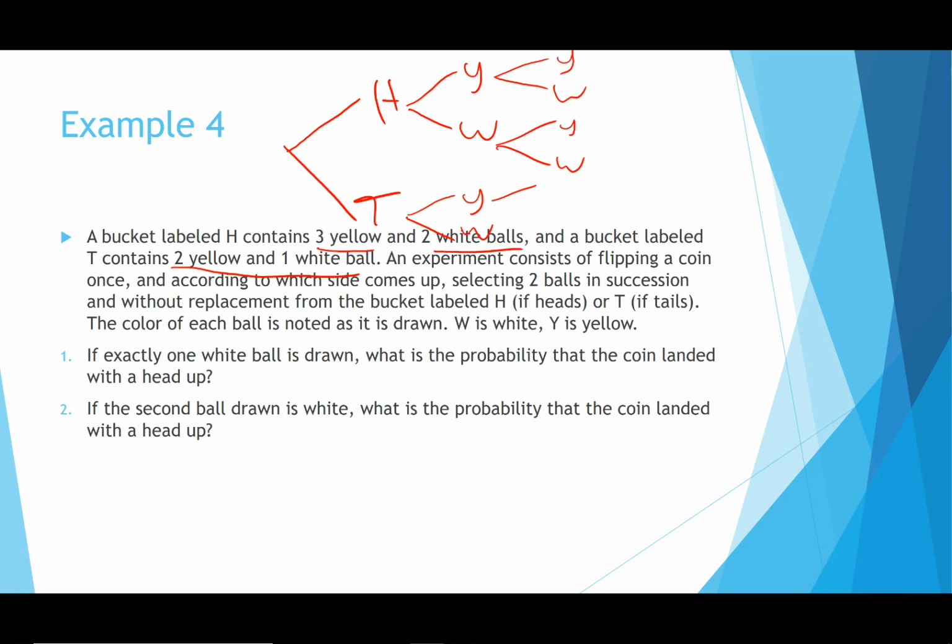If I choose a yellow, there's still another yellow and another white in that bucket. But if I chose white, there's only 1 white ball, so there aren't any more white balls to choose from, and that branch would only be towards yellow. Let me do this somewhere where I have a little more space.